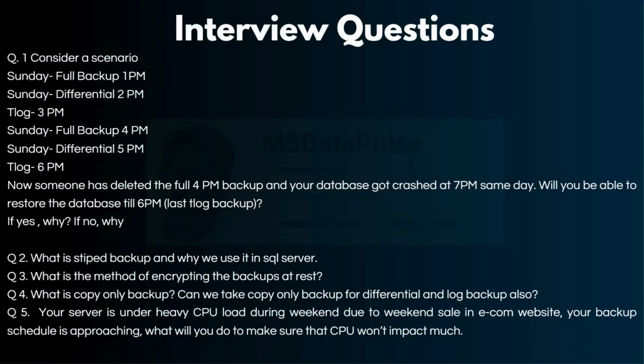Second best option is, you can check your script if you are using options like checksum, compression, or verify only. You can remove those options for that particular schedule or run, because checksum does not take much CPU, but verify only and compression do. So these options take a lot of CPU, so you can disable those options.